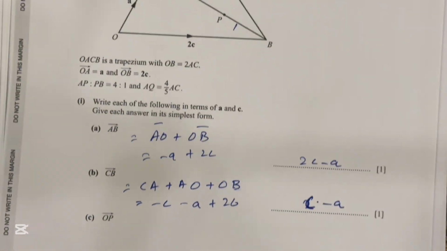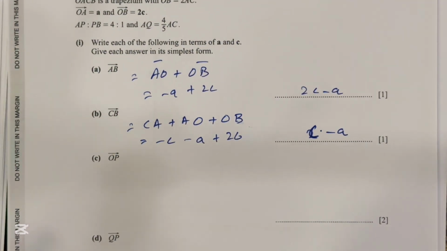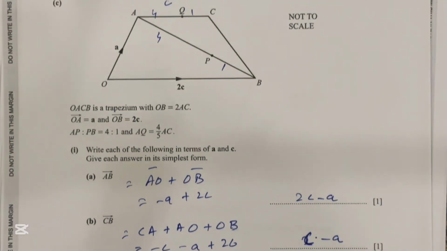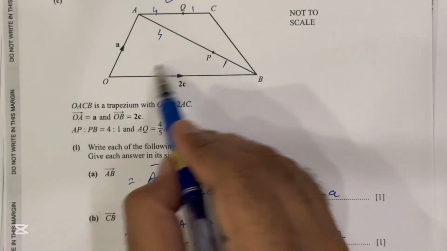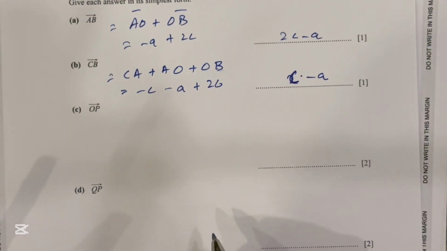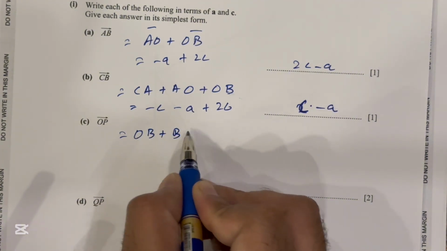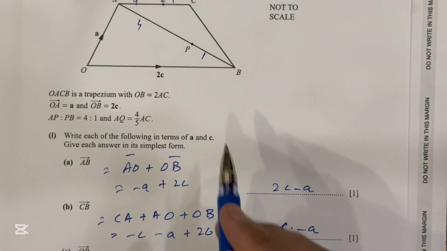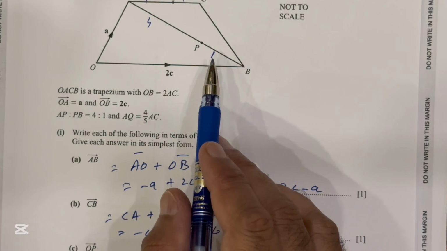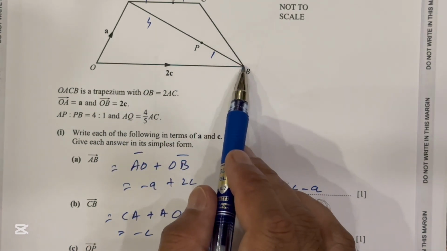Moving to part C, that is OP. So you need to find OP. OP is this, if you join this point. So OP must be equal to OB plus BP.